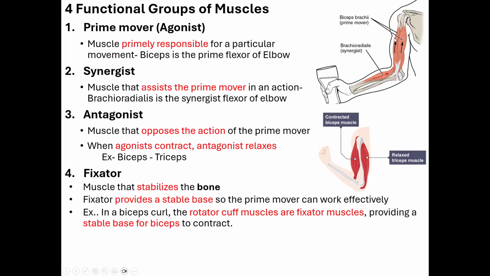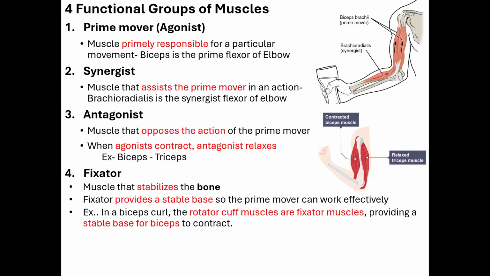So the biceps here is a prime mover. And there's another muscle called the synergist, which assists the prime mover. They also help in the same function, but they are a kind of assistant. They assist the prime mover. And then you have the antagonist.